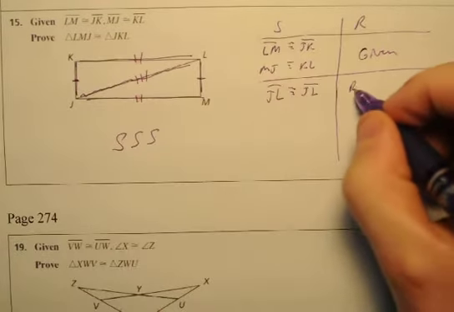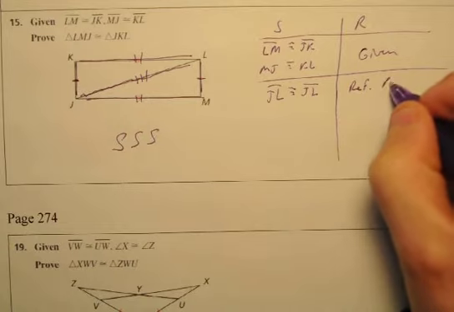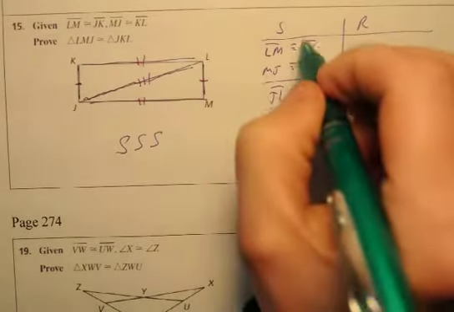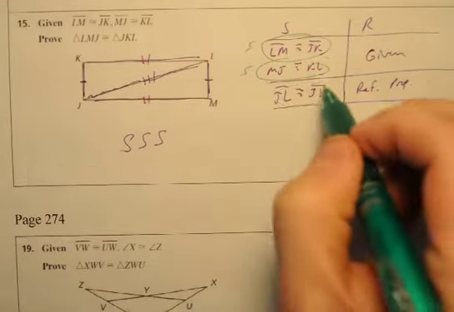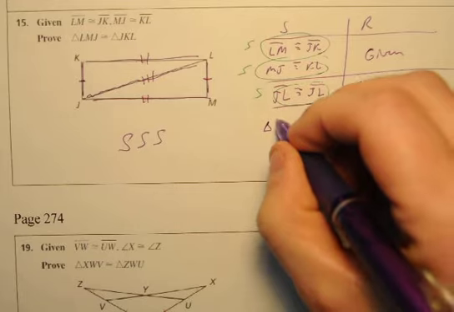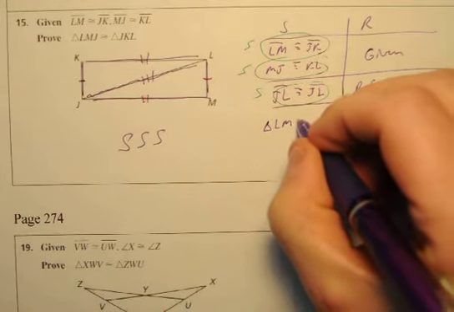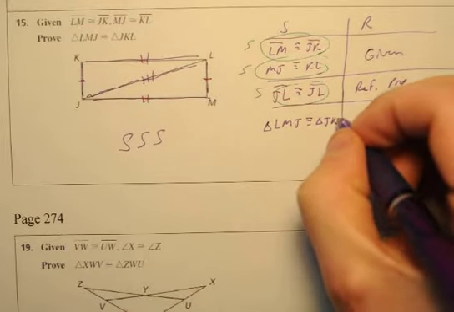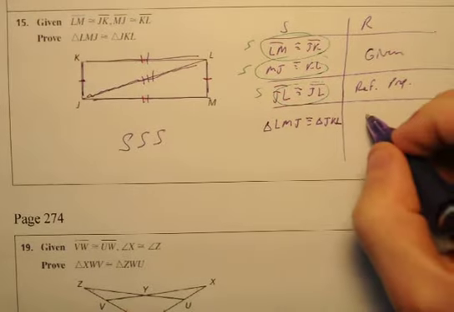That's always the reflexive property. And that is all we need. This is an S, that's an S, that's an S. We can conclude what we're trying to conclude. LMJ is congruent to JKL by side, side, side.